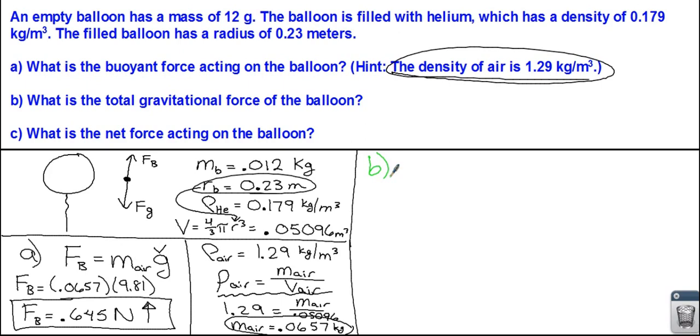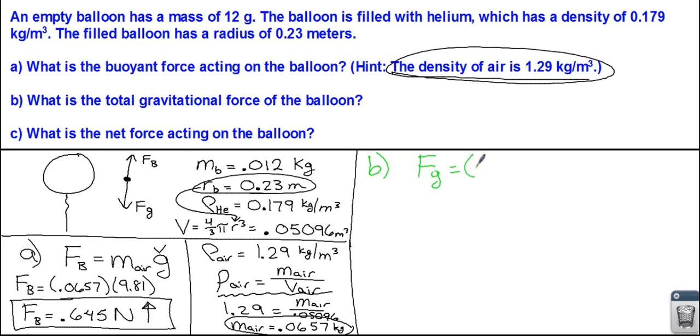What is the gravitational force of the balloon? Gravitational force is equal to mass times gravity. Got to think here a little bit though. The mass of this balloon is not just 12 grams anymore. We filled it with helium, so we have to include the mass of the helium because we need the total mass of everything that's inside here now.